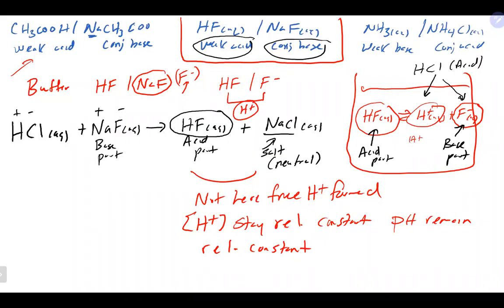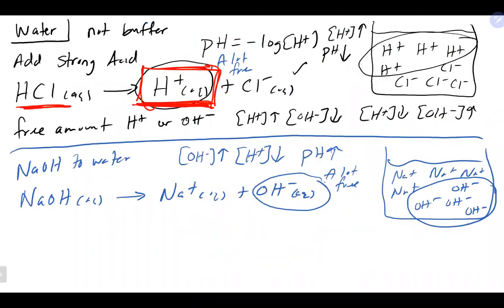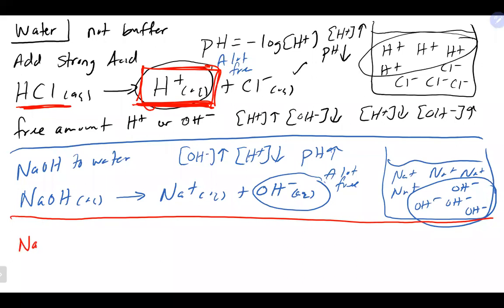Now, what happens when we add our base to our buffer? So when I add my sodium hydroxide to my same buffer situation where I have my HF and F minus, it is going to react with the acid part of the buffer.